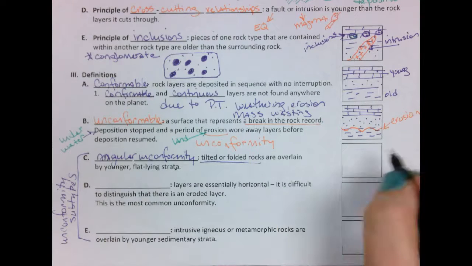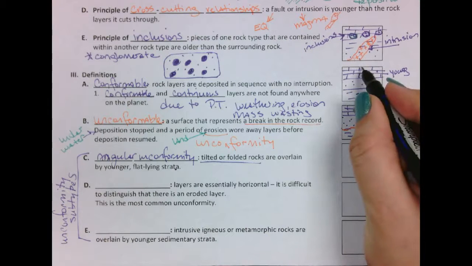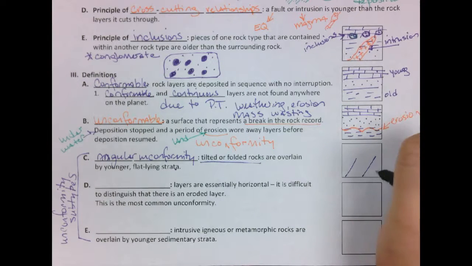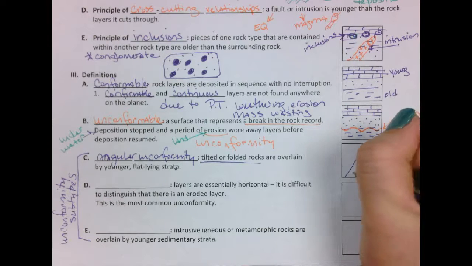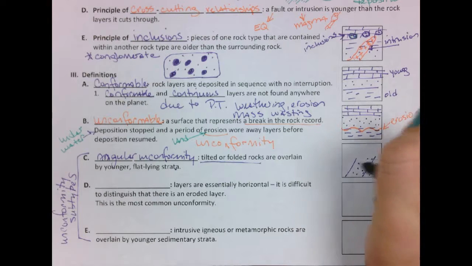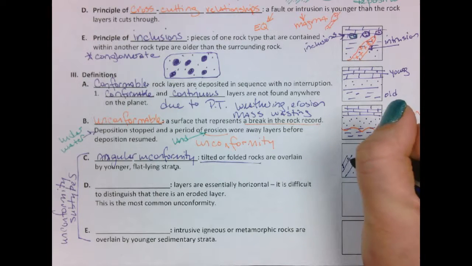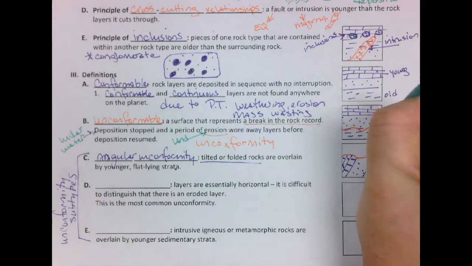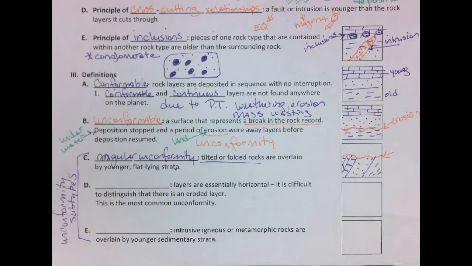So if we took this original sequence, and maybe through plate tectonics there was some compression, and they got tilted. Now our shale is still technically at the bottom, our sandstone on top of that, our limestone on top of that. But then, if there was a time of erosion, right there, then something new could form.